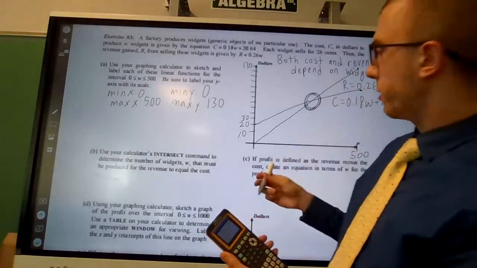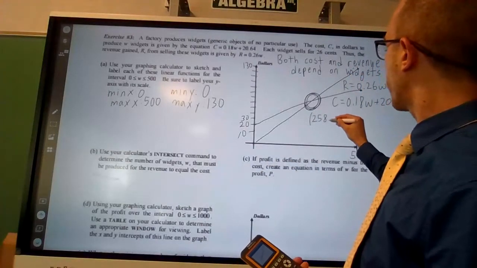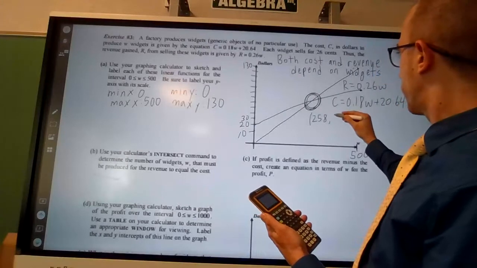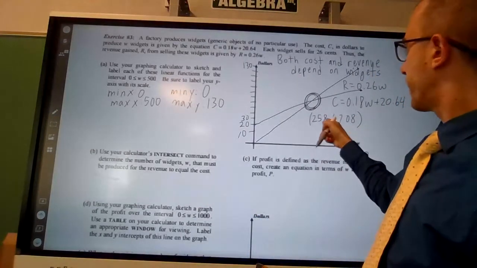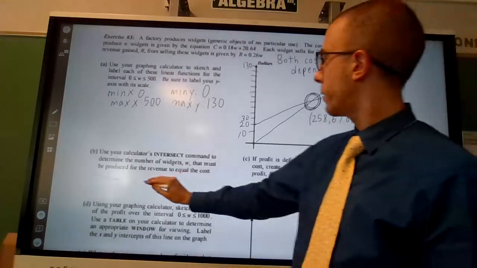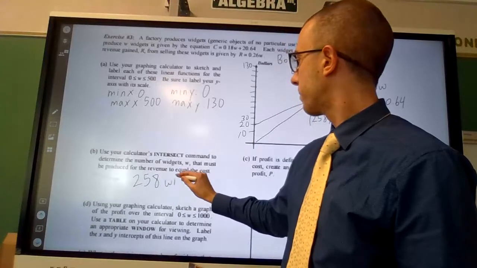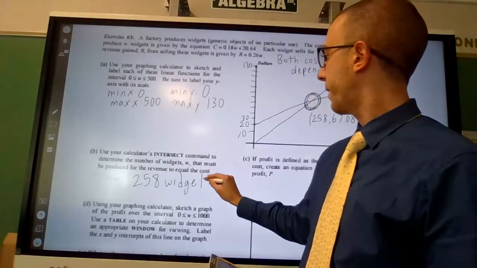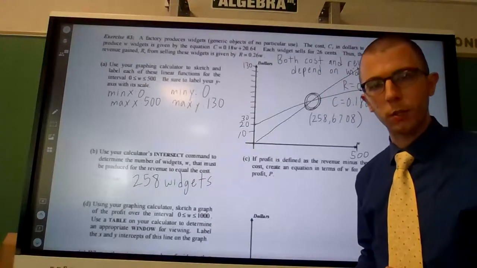And that X value is 258. I'm just going to label that point 258, 67.08. And it's that 258 that we want. Okay, it takes 258 widgets for the cost to equal the revenue.